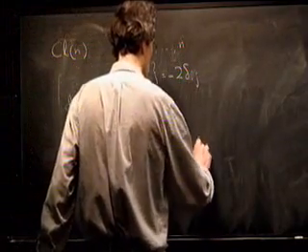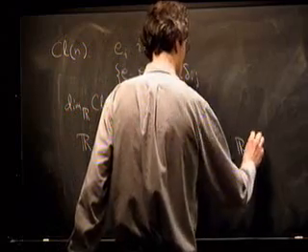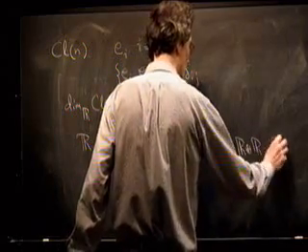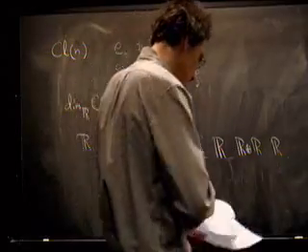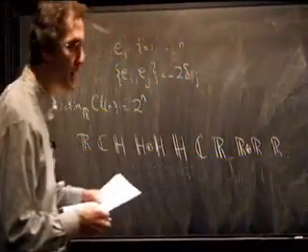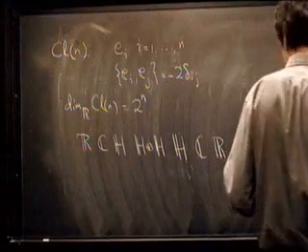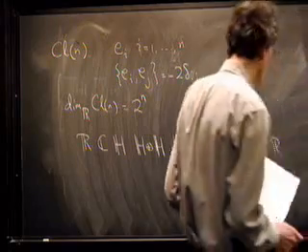Now, famously, these Clifford algebras form a mod 8 pattern that looks like R, C, H, H plus H, C, R, R plus R, and then back to R. So in the notes, I give you the table of the first 8 Clifford algebras. And I also list the smallest dimension.